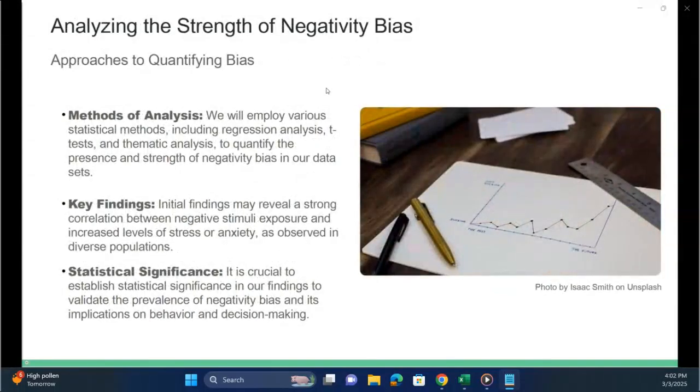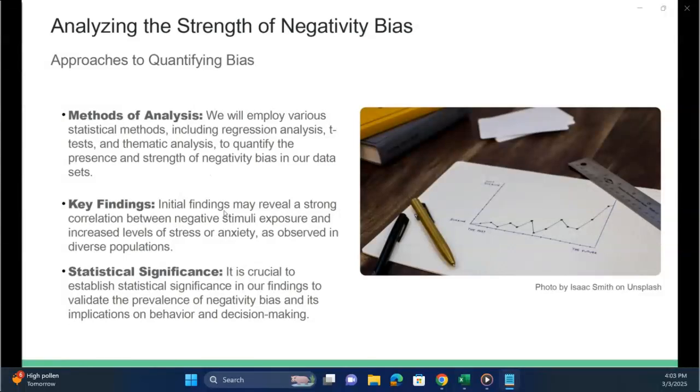Another thing we will need to do is, of course, analyze the relative strength of negativity bias. That's kind of a hard thing to do because we would have to quantify the bias. So how we will analyze this is we will employ various statistical methods, including regression analysis, t-tests, and thematic analysis to quantify the presence and strength of negativity bias in our data sets.